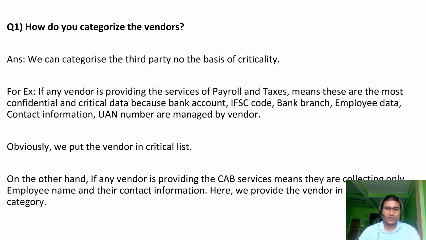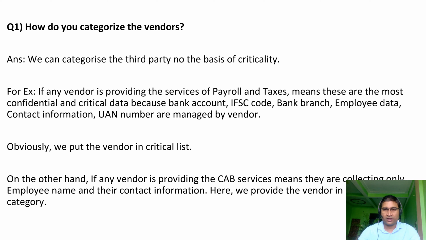So we will put such vendors in a very high critical zone. Apart from this, if we are providing only very normal data to the vendors, for example employee name, contact information, and address, these are very normal data which don't contain anything confidential.